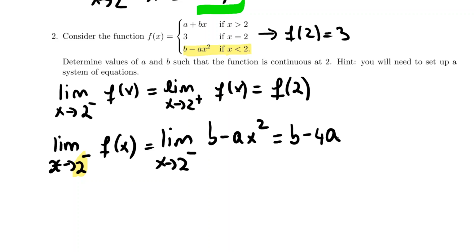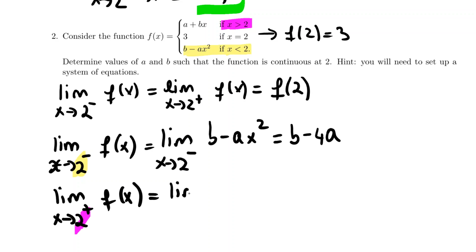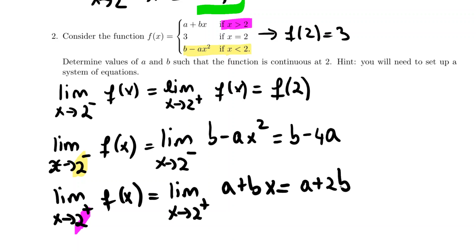Alright, so now let's look at limit as x goes to 2 from the right. From the right is this one. So this will be limit as x goes to 2 from the right, and the function now is a plus bx. As we're letting x go to 2, this becomes a plus 2b.